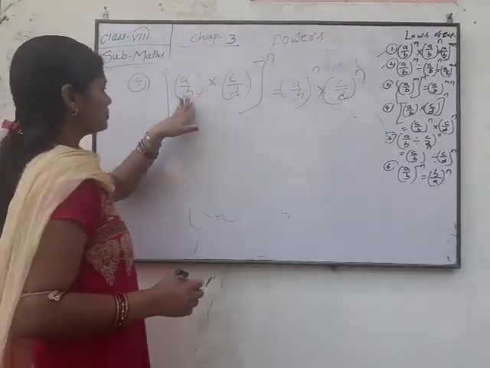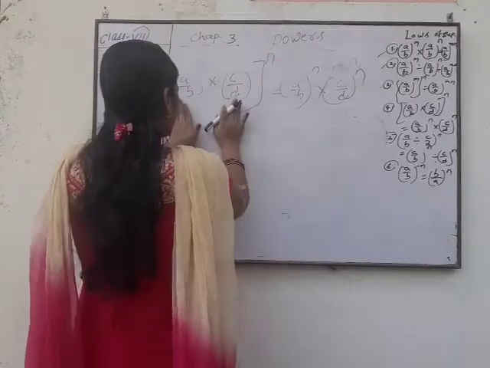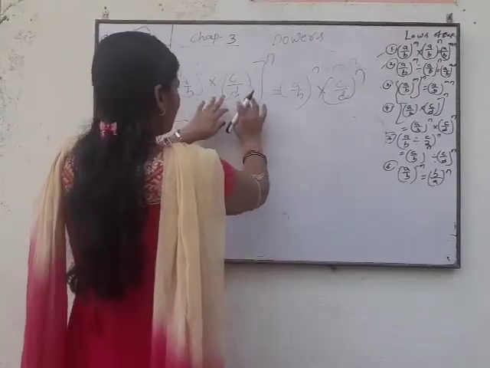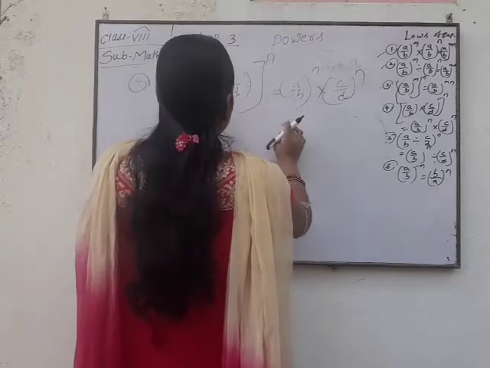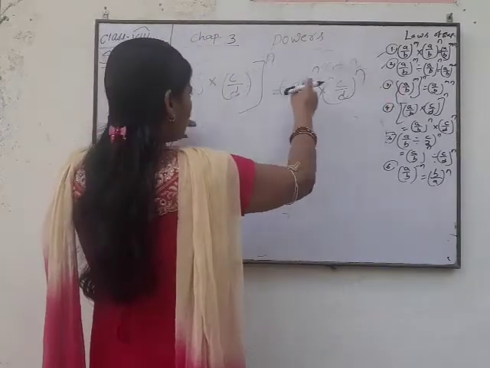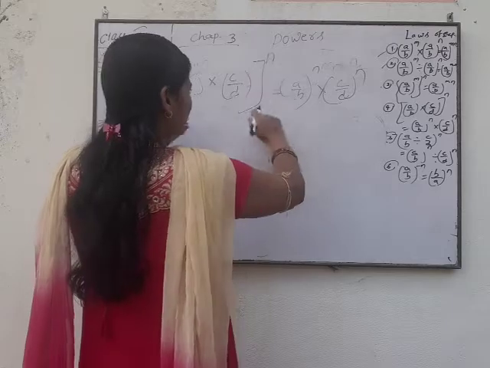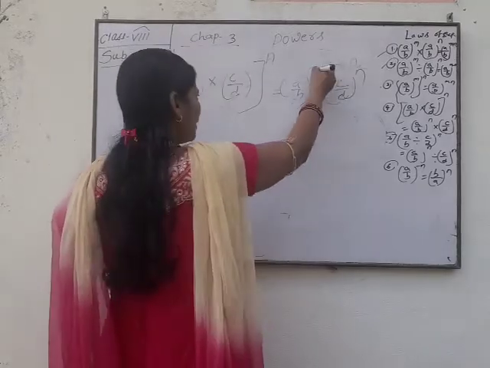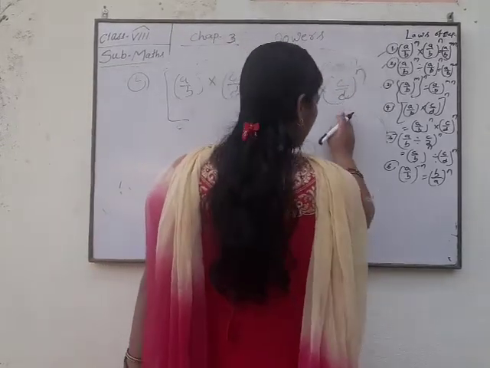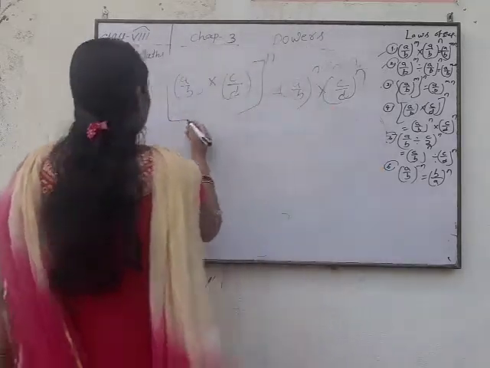So whole to the power n means for both a by b and c by d. So here, if you break your bracket, then a by b to the power n into c by d to the power n.